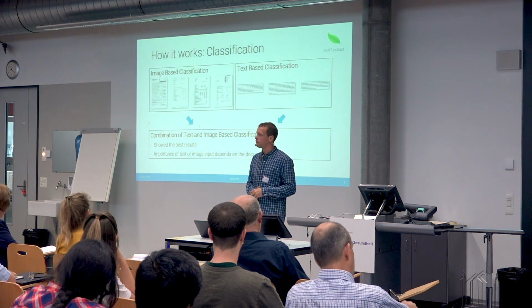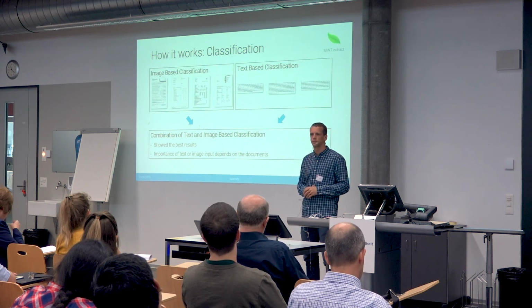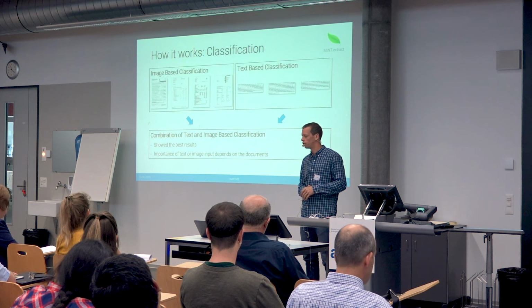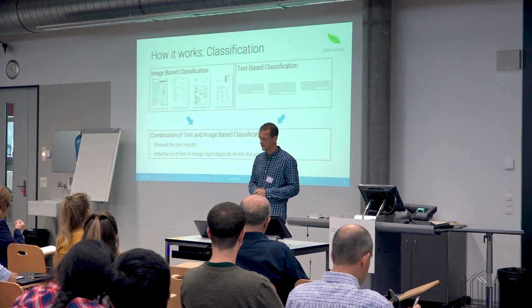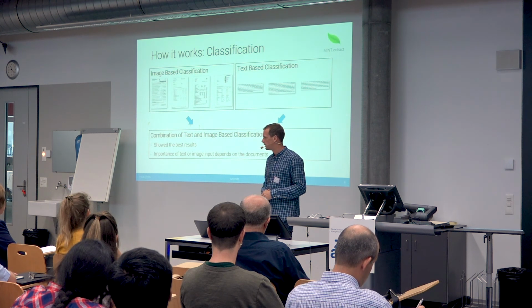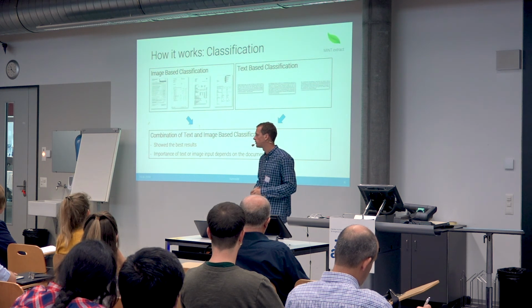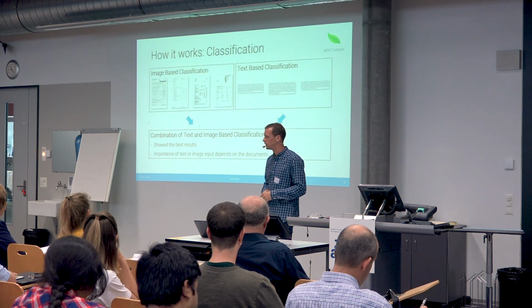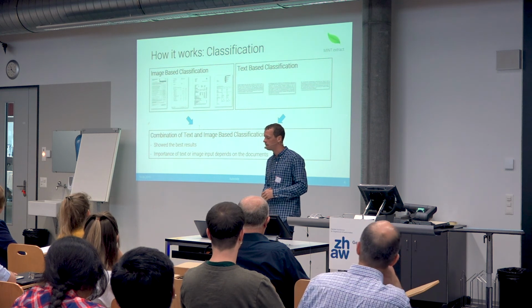So, image-based classification is a very well-known task, and with our small team, it's most probably not realistic to outperform Google and others in this area. Same with text-based classification, a very well-known task, and probably some people in the audience know more than we do at Turicode about text-based classification.